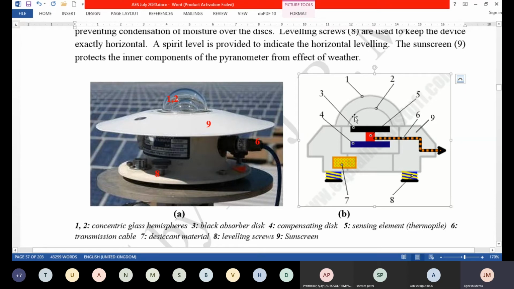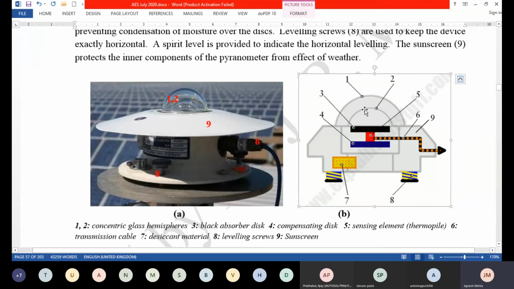Now the solar radiation is falling from all directions on this glass hemisphere. Let's say the sun ray is coming from a particular direction and falling on these spheres, but from other directions also the diffuse radiation is coming. All of it is accepted by these glass hemispheres, and they have very high transmissivity.